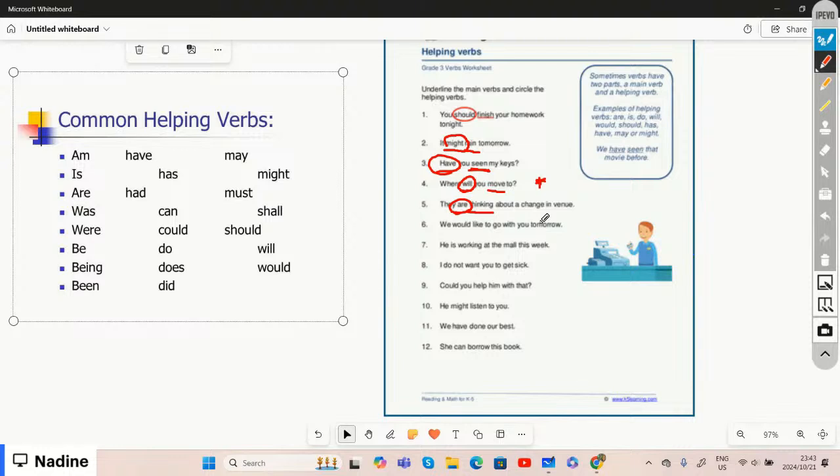We can say go is our main verb. Yes, well done. Go is the main verb. Now, what is the helping verb within that sentence?